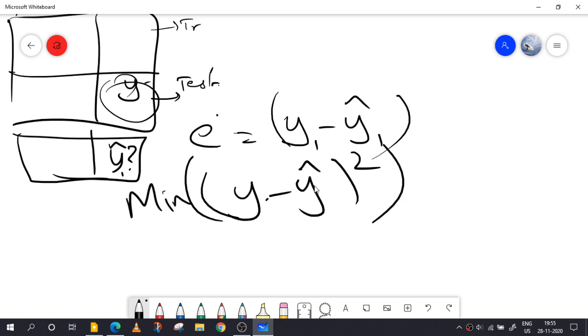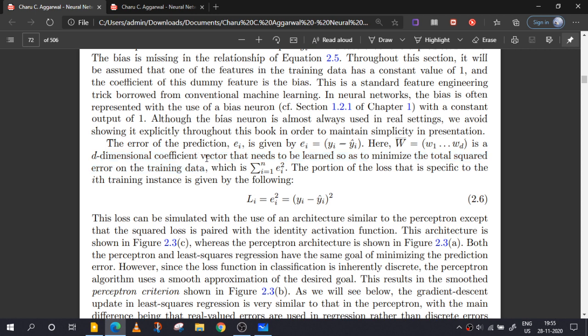And why square? The way I think of it is that it doesn't matter whether the error is positive or negative. When you square it, the end result is positive and a bit amplified, so small things get exaggerated. So you're trying to make sure that it is minimum. That is what he's saying here.